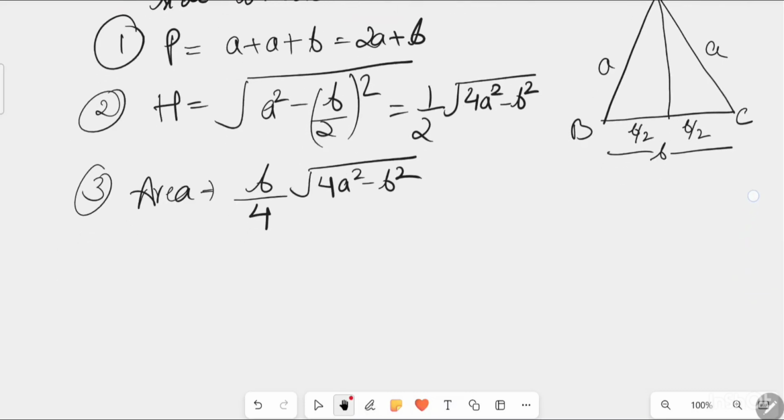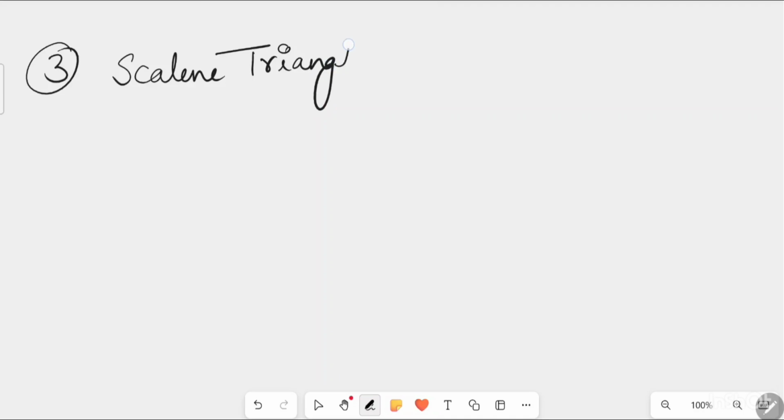Now the third one is the scalene triangle. In a scalene triangle, all three sides are different.